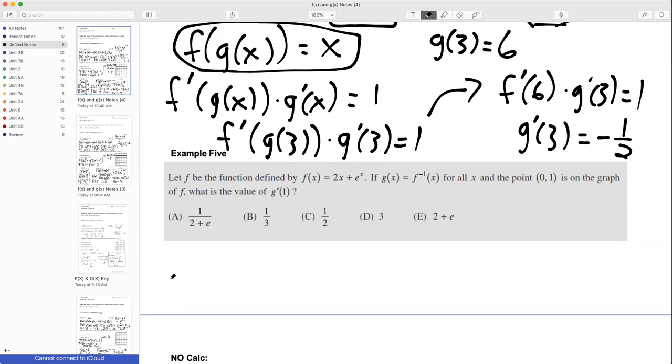We got it. First step is on the board. I know that.